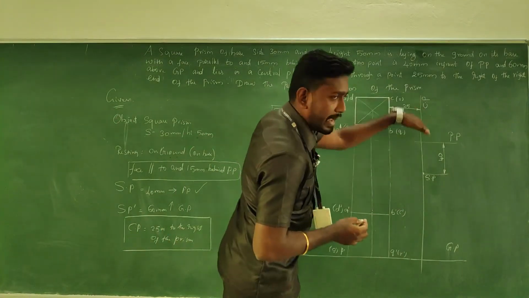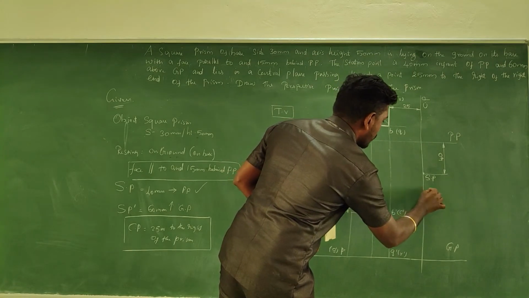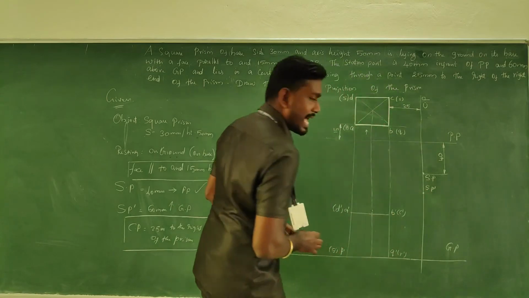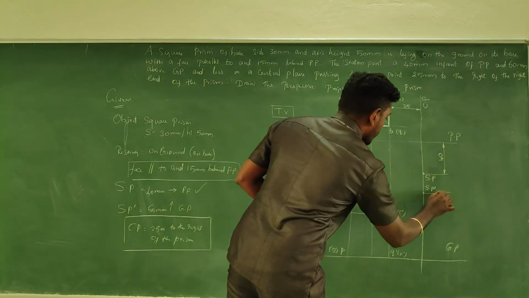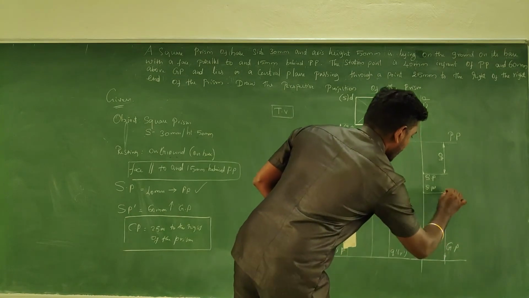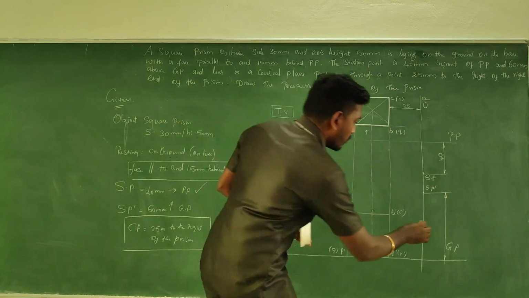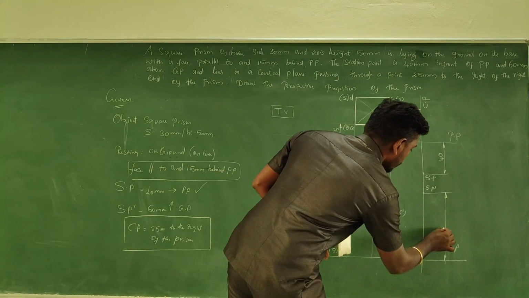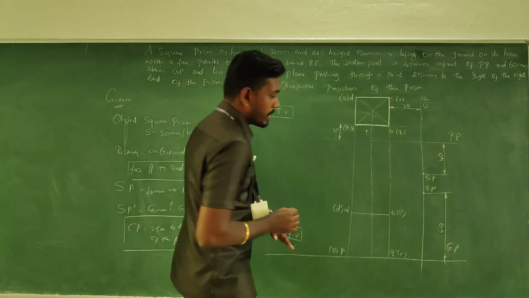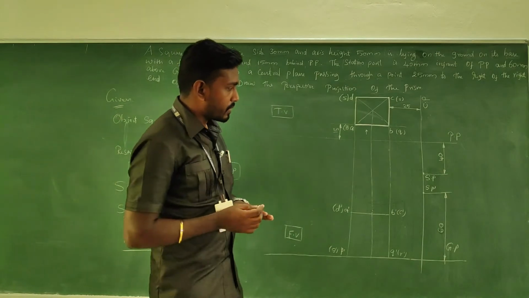So in this center plane, take 60 mm and mark a point. You will get the station point in the front view, S dash, 60 mm above the ground plane. Here you may get the point, and this is how you need to note the dimension. So I have noted it down.